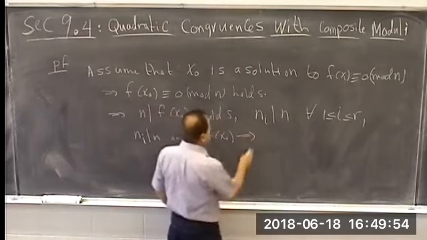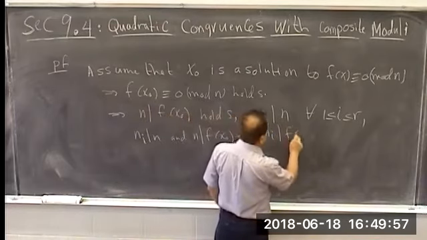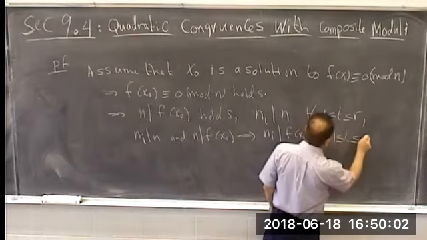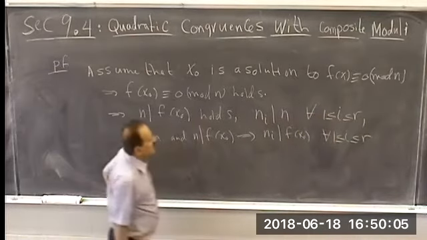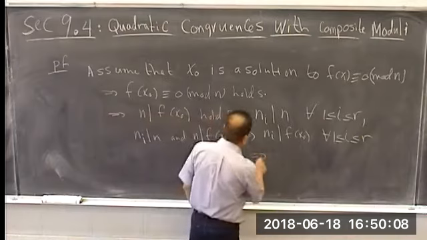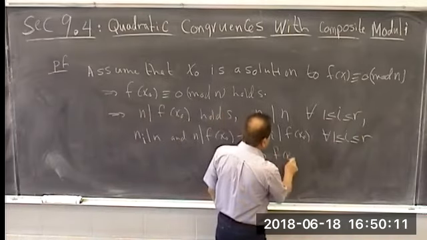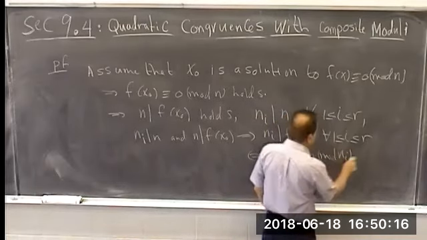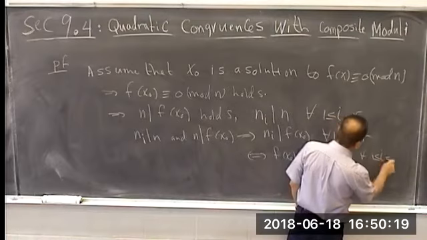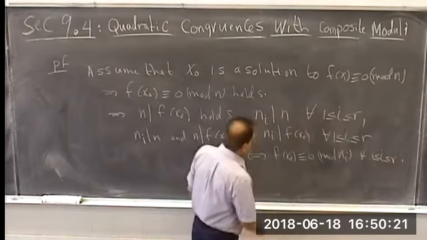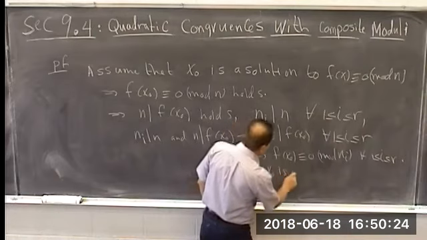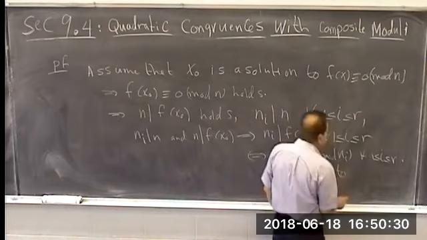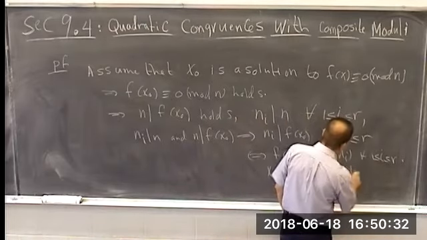This implies that n sub i divides f of x sub 0 for every i, using the transitive property of divisibility. And this is equivalent to f of x sub 0 congruent to 0 mod n sub i, true again for every i, which means that x sub 0 is a solution to each equation in the system.